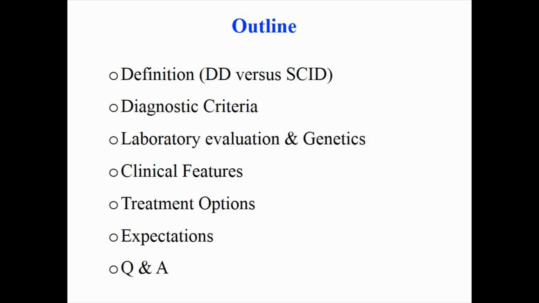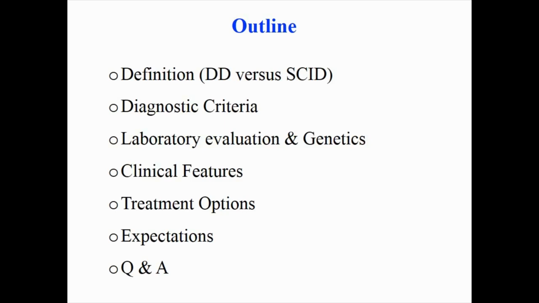Dr. Rosenzweig will cover all of the laboratory evaluation and genetics and give you a lot of background about inheritance and what laboratory tests are useful in both diagnosing and monitoring these patients. I will review critical features, treatment options, expectations, and most important point: feel free to ask any questions. We hope we have answers, but we'll see.